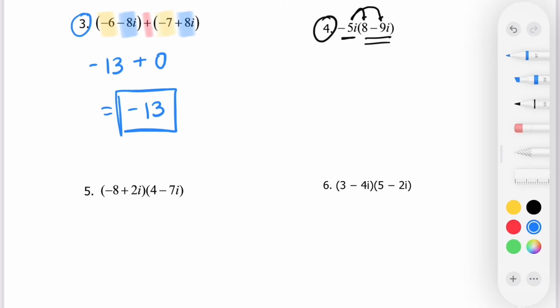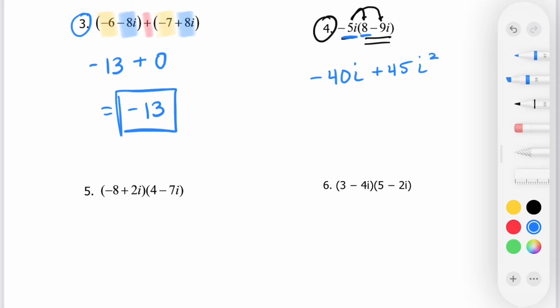So let's go ahead and distribute. -5i times 8 is -40i. And then -5i times negative 9i is going to be positive, so 5 times 9 is 45, so positive 45, and i times i is i squared.